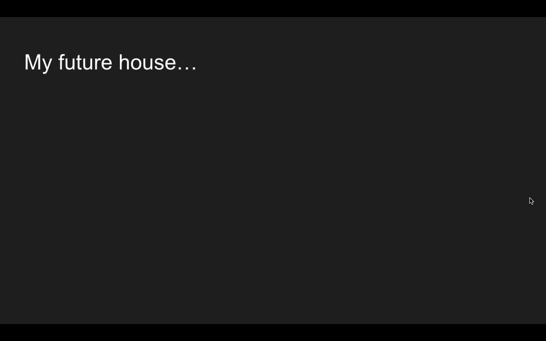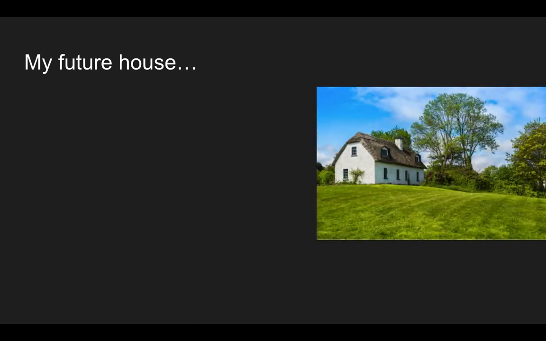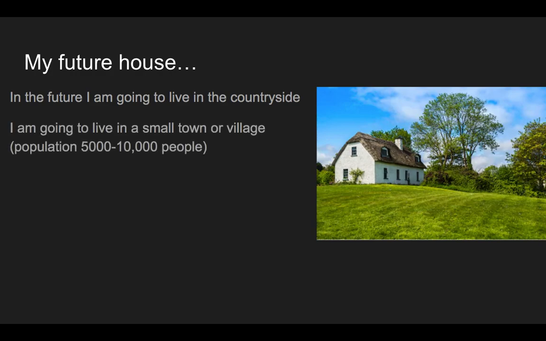Okay, so for my future house, where I hope I'm going to live, where I would like to live: I'm going to live in the countryside, outside of the city. I'm going to live in a small town or village, a place with a population of 5,000 people, 10,000 people.